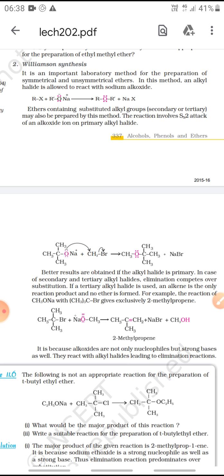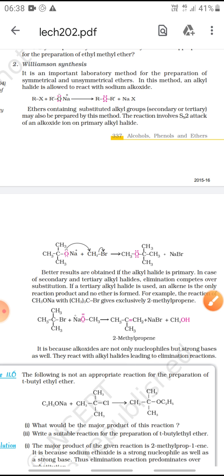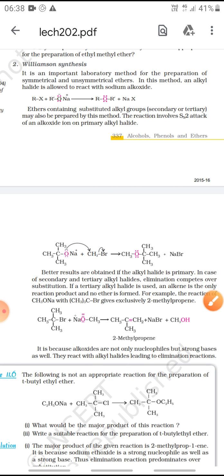Now you have to remember that if instead of taking the primary alkyl halide, you take the tertiary alkyl halide and the sodium alkoxide is primary, then the resultant compound will not be an ether. Why? Because when this such type of reaction takes place, then elimination competes over substitution, and the elimination reaction takes place and result in the formation of an alkene. So the alkyl halide should always be a primary alkyl halide. Tertiary alkyl halide will not give an ether.